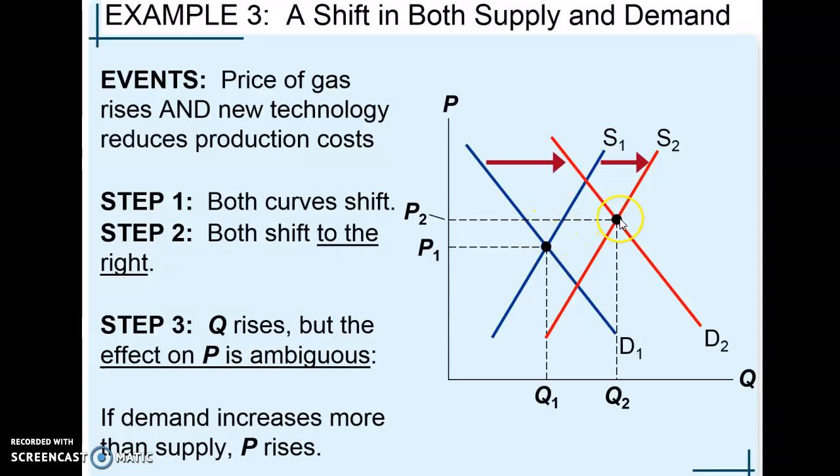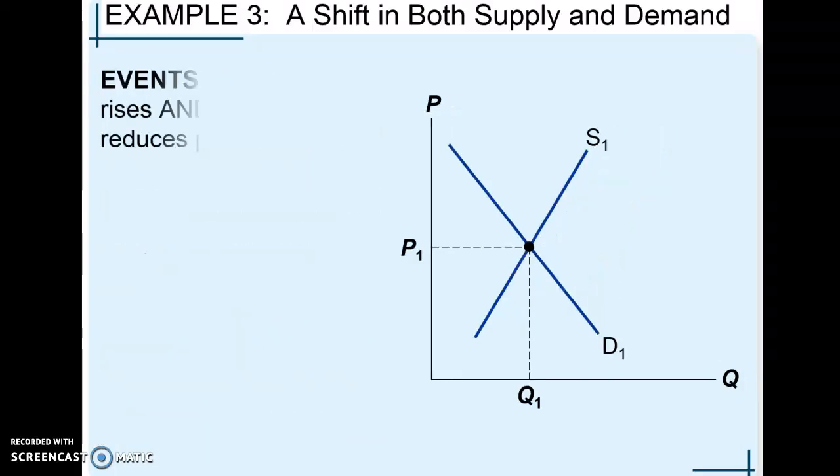An increase in demand increases the quantity. An increase in supply also increases the quantity. So we know for sure that the quantity is going to go from Q1 to Q2. But the effect on the price is ambiguous. If demand increases more than supply, then the price will rise. If the opposite happens, then the price will not rise.